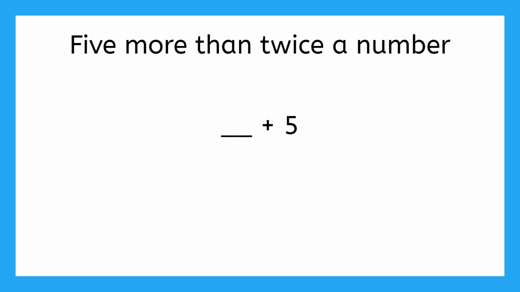Now, we could use any letter to say what the number is, but let's call this unknown number s. So then twice that number would be 2 times s. So now we've written an expression that starts with twice the number s, then adds 5 more to it. 5 more than twice a number.